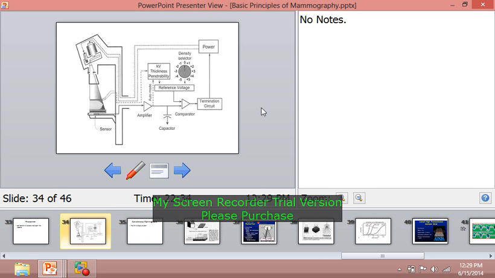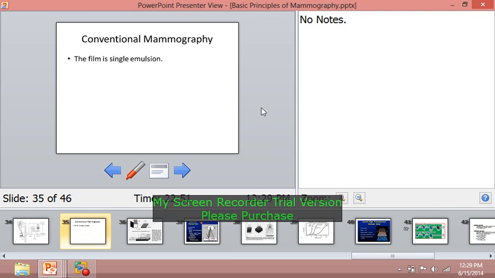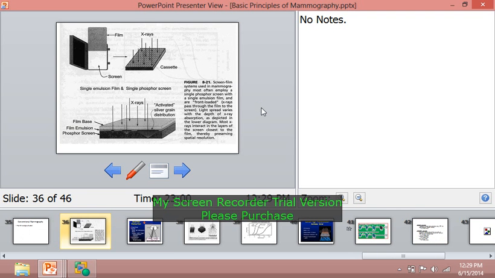So this is how we manipulate the kV and mAs, but actually I will better describe it in the exposure timer, which I have already described. Conventional mammography: the film is single emulsion.